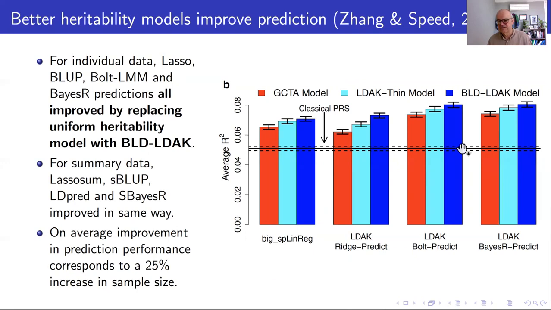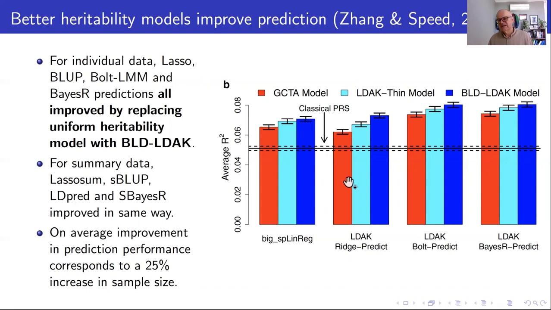This is the results for the individual genome, but you can look in their paper for summary statistic results as well. And then there are various improvements possible by regularization, because the classical PRS doesn't have any regularization. So just the simple GCTA model with the uniform heritability model already gives you a big improvement. And the LDAK-Thin model is a very simplified version of our model, but our best model is the BLD-LDAK model, and it gives quite a bit better prediction.